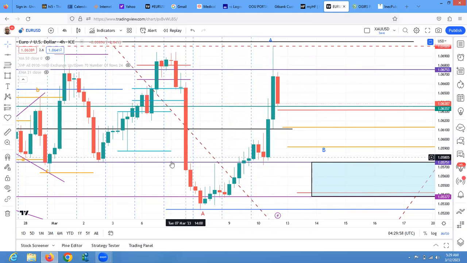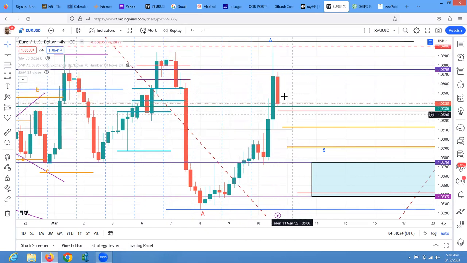This is divided also into how many waves? This had not finished itself, but the way it's correcting to the downside is quite sharp. So I believe the wave had completed itself, 1, 2 and 3. So that has finished A. We need to see this also correcting in a 3-wave format.